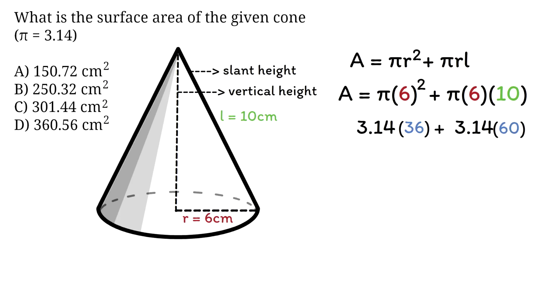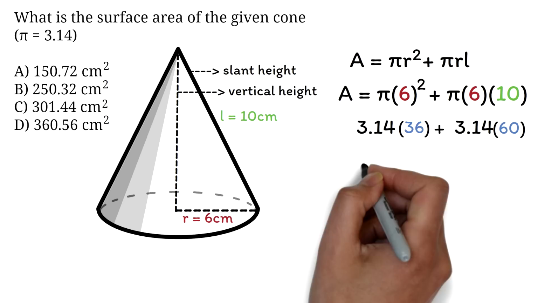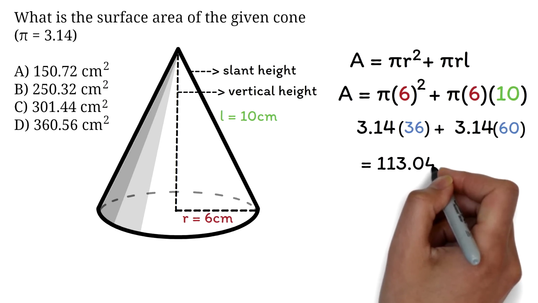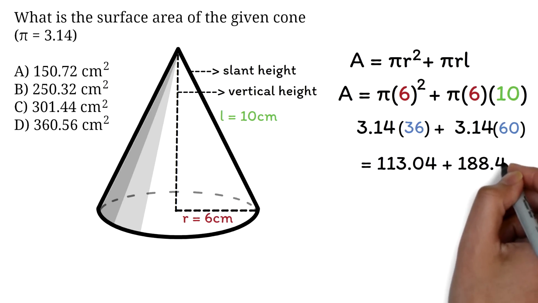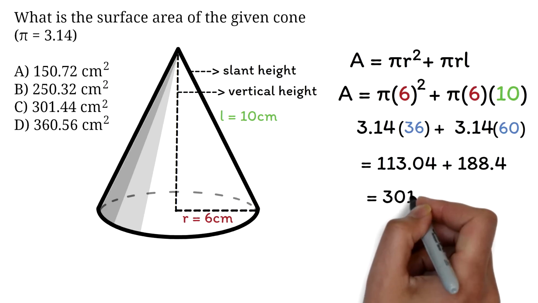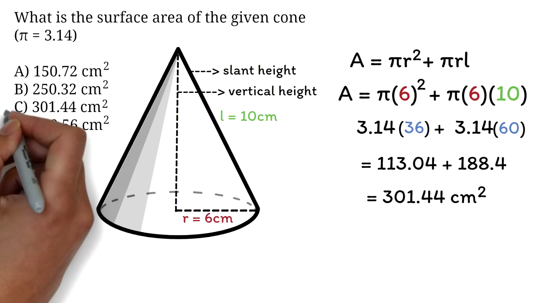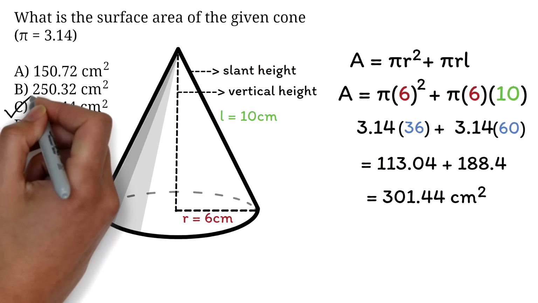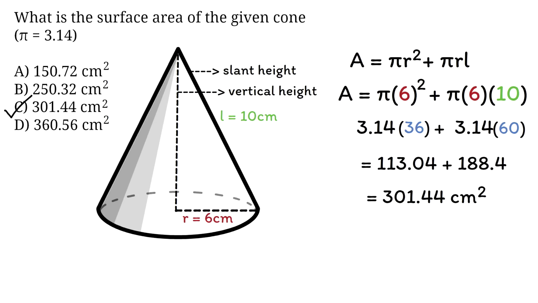So we have 3.14 times 36, plus 3.14 times 60. We work this on the calculator to get 113.04, plus 188.4. Summing these up, the total surface area becomes 301.44 square centimeters. Hence, the correct answer is C, 301.44 square centimeters.